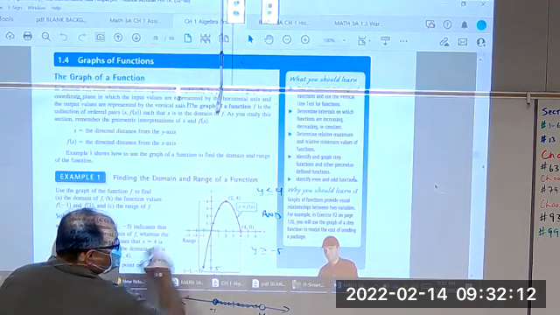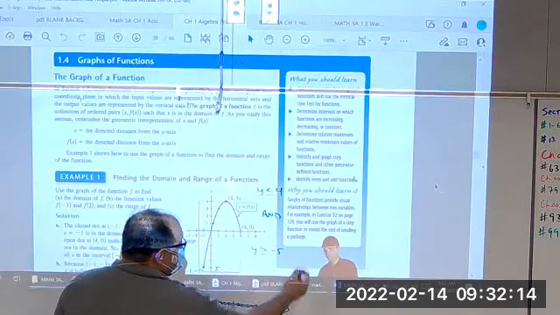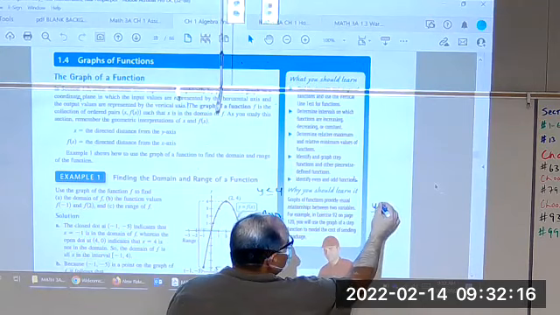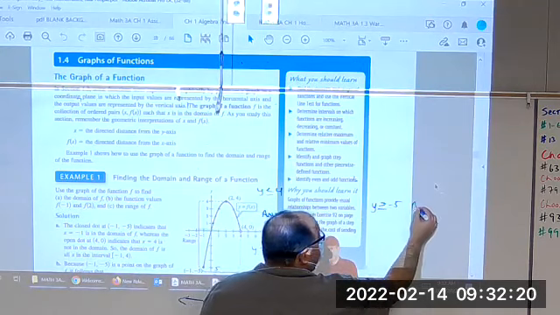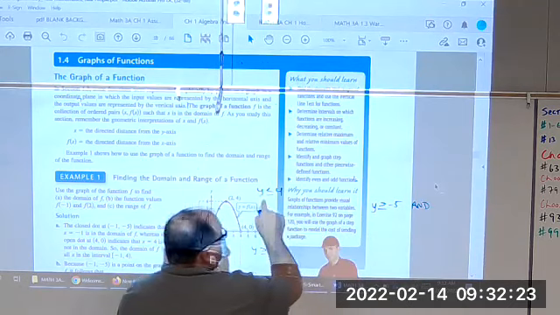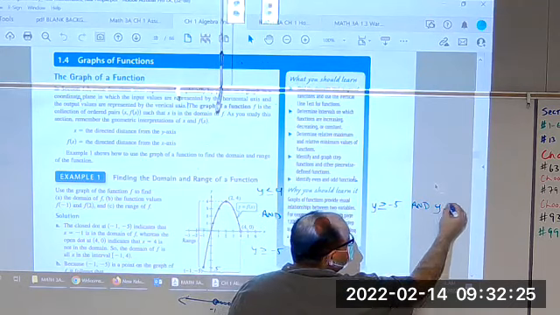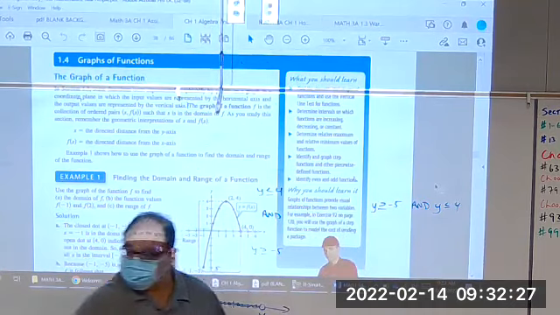But there isn't. So if you were going to look at this, all the Y's have to be greater than or equal to -5, and all the Y's have to be less than or equal to +4.